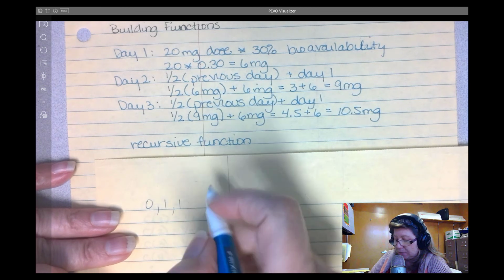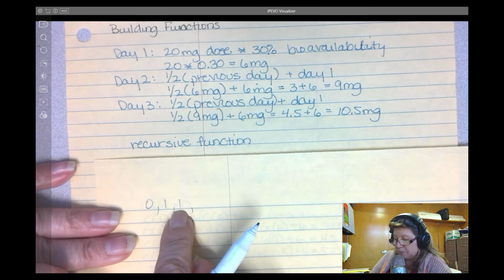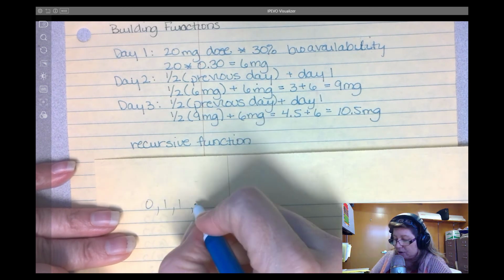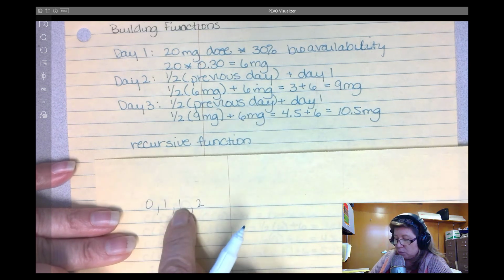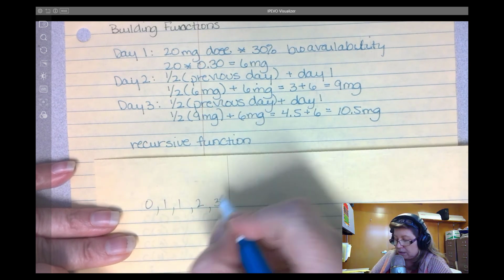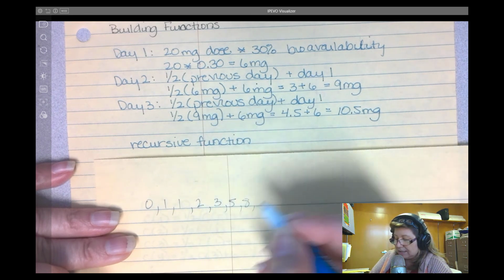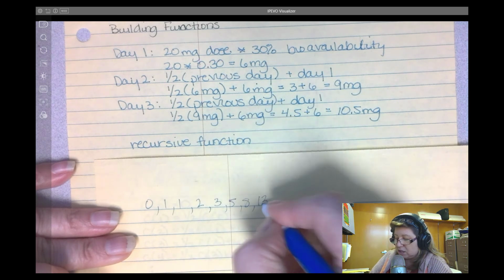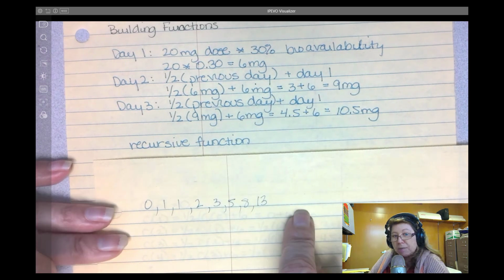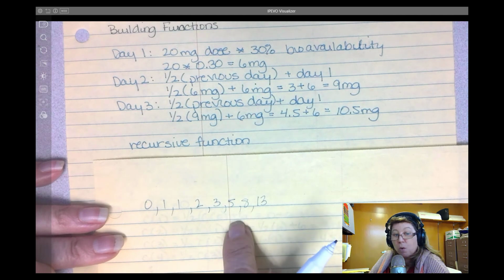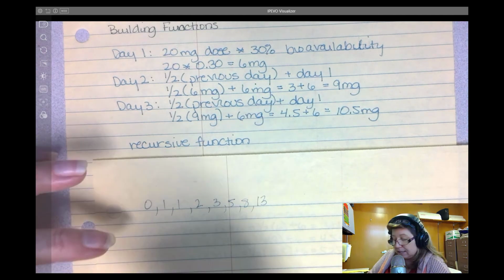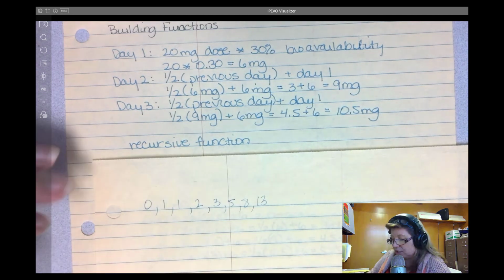For the next number, I take the two previous numbers, 1 and 1, and add them together, and I get 2. 2 plus 1 is 3. 3 plus 2 is 5. 5 plus 3 is 8. 8 plus 5 is 13. There's no way to get the next number without knowing what happened before it. This is the idea of a recursive function.